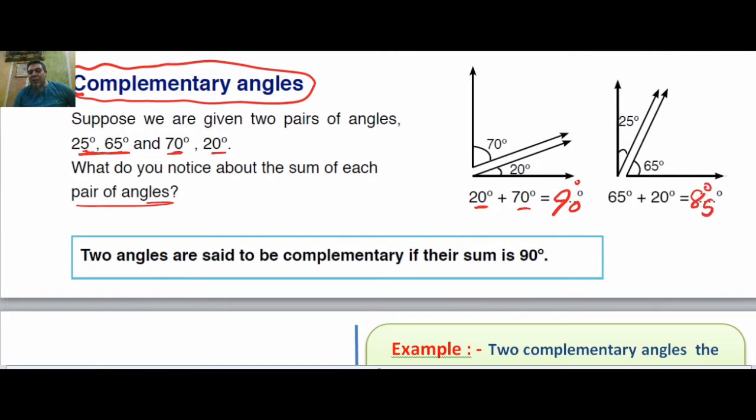We note that these two pairs of angles are complementary angles. The two angles are said to be complementary if the sum of their measures is 90 degrees.